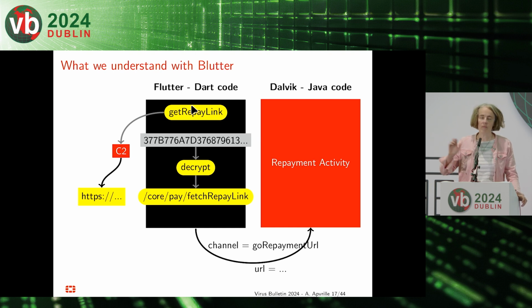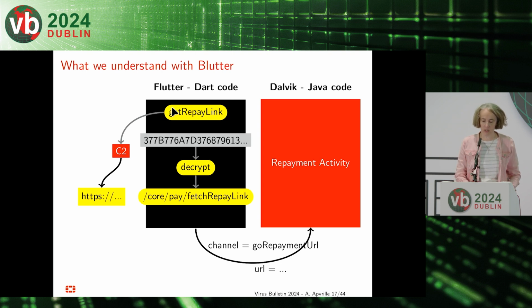For instance, at some point the malware is going to create a repay URL to send to the victim to pay back the loan, okay? So we knew what that URL was, but we didn't know how it was constructed. And now with Blutter, we are able to uncover the algorithm for that.